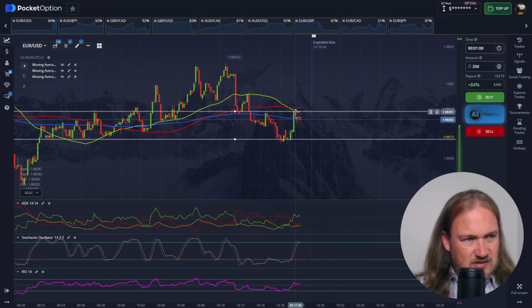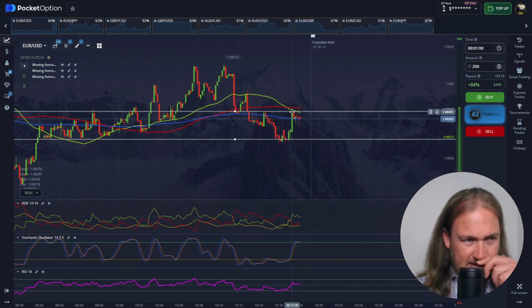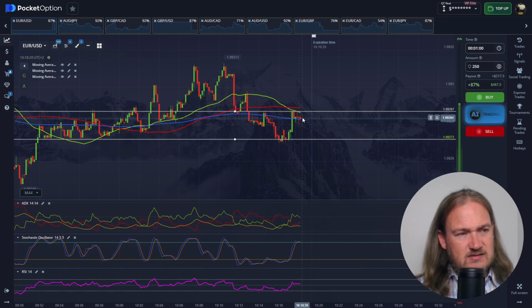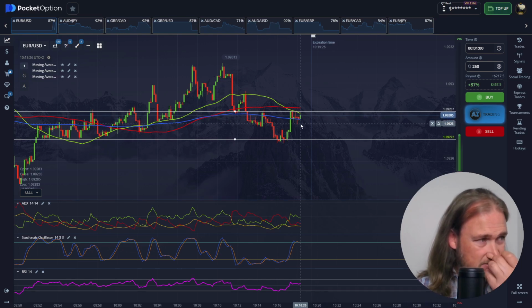We did have valid bearish divergence here. But like I said, the reason I'm not going to take this right now is that I don't want to risk this. It's too choppy within a very tight spot here.